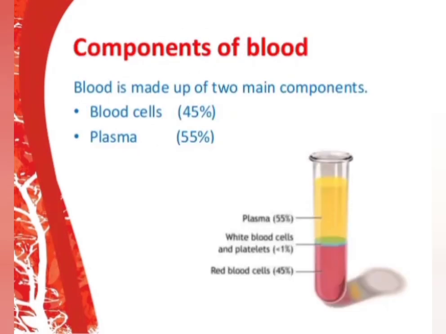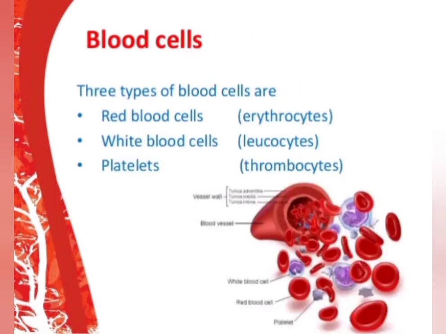Components of blood. Blood is basically made up of two components. The first component is blood cells, and the second component is plasma, which is a transparent fluid. Blood cells make up 45% of total blood volume, and plasma is 55% of total blood volume. Now we will see the different types of blood cells.